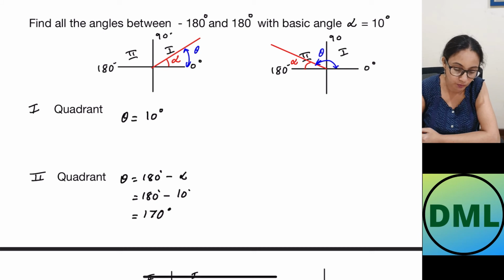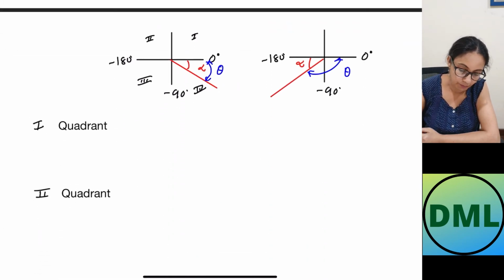Now I have to go to minus 180 degrees. So let's see, I'm moving in the clockwise direction. This is my basic angle alpha in the fourth quadrant. Because I'm going in the negative direction, my theta will be given by minus 10 degrees.